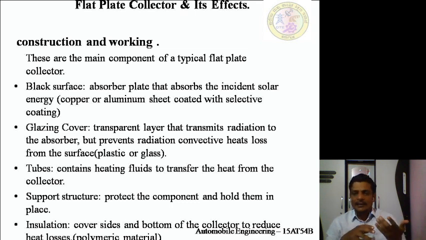In some designs, the tubes are also inline or integral with the absorber plate. The diameter of the tube starts from 1 to 1.5 centimeter, and the material for the tube is copper. This is regarding the tubes.